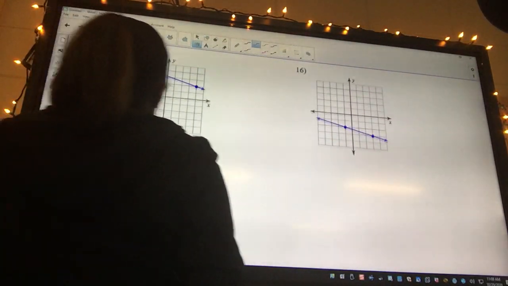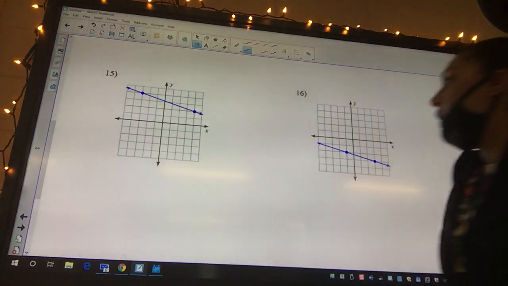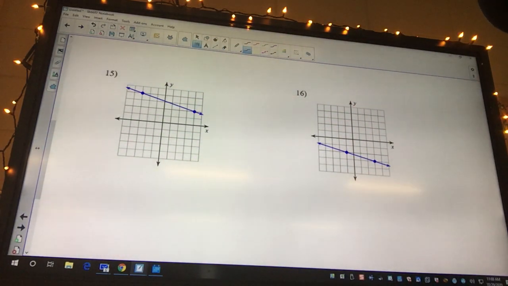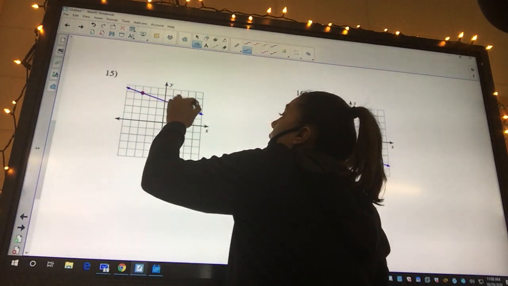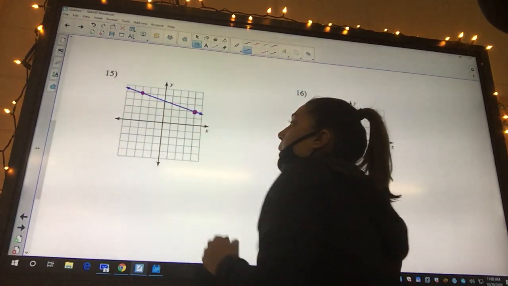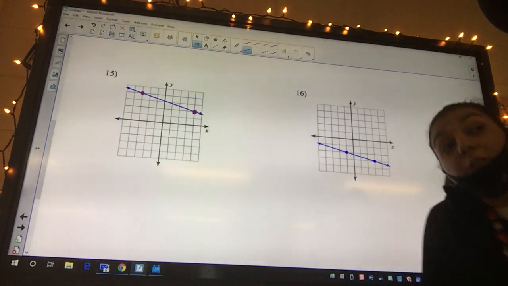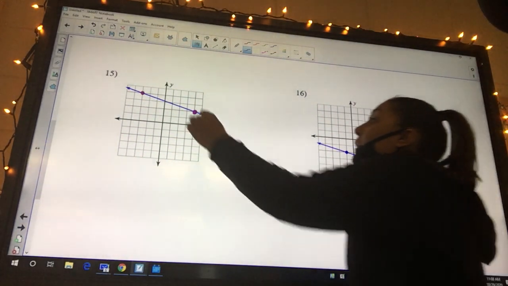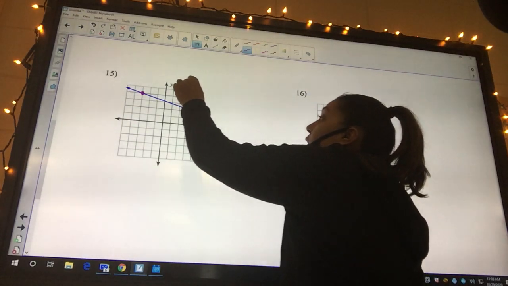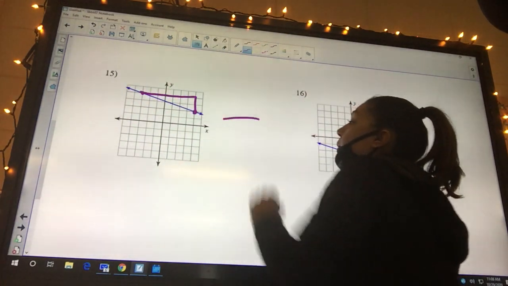Okay, 15. Okay, we got our 2 points. Where do we start? At the lowest, which is going to be this one. Okay, and we gotta do what first? Rise. Rise, which means what? Go up. That means we go up first and then over. What's our slope? 2.